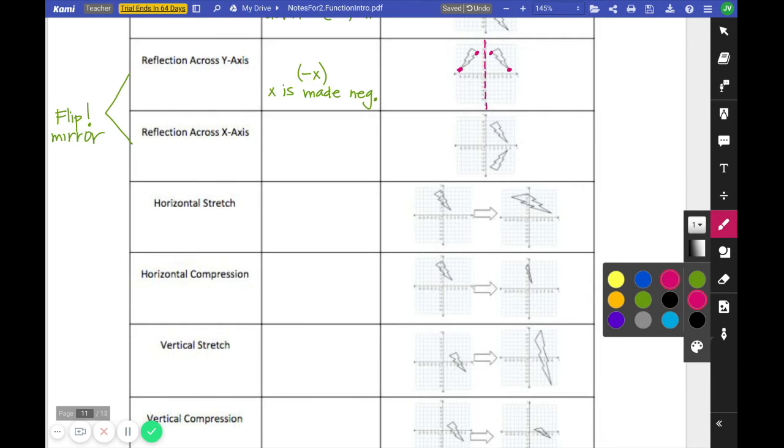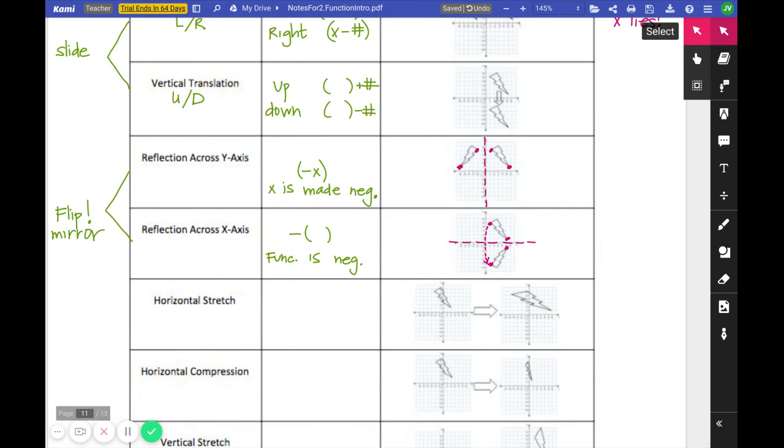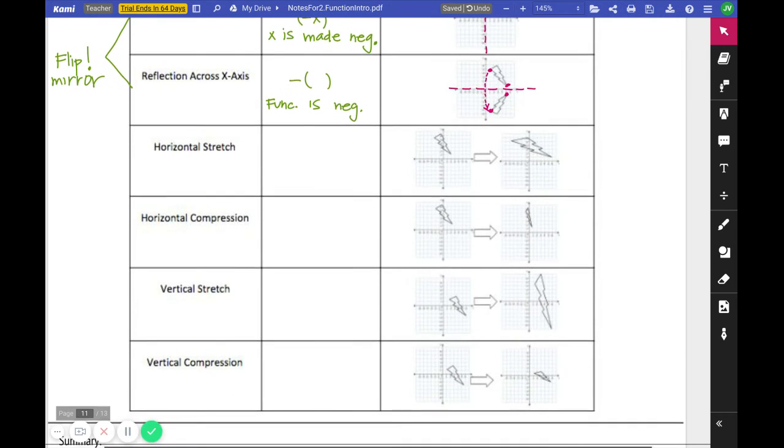If we want to flip across the x-axis, right, and find that mirror image point, then we take and we make the entire function negative. So you'll notice I don't have any x's when I'm doing vertical or when I'm reflecting across the x-axis, because the entire thing is what's getting added to or multiplied or made negative or whatever. Okay, so that's a flip.